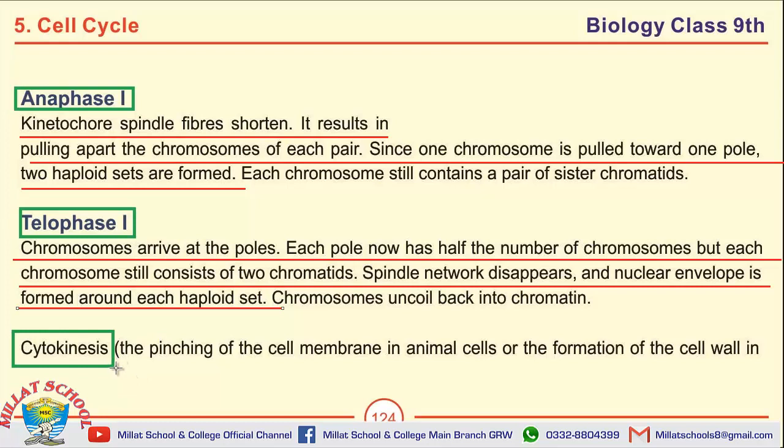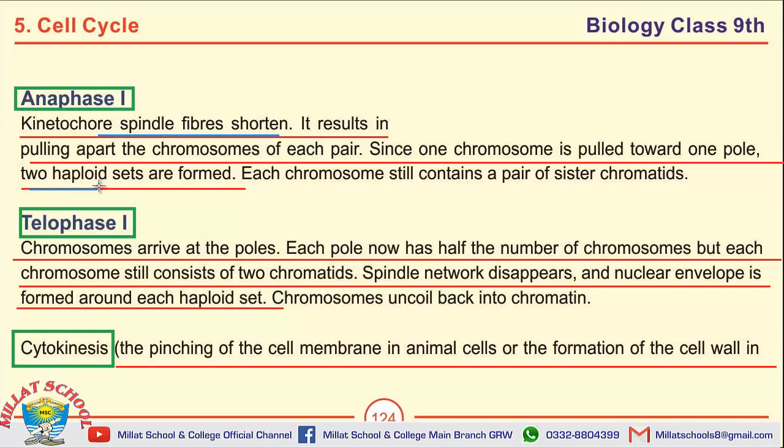Cytokinesis of meiosis 1. Animal cell has the same process of cytokinesis as was in mitosis, while plant cell also has the same. Some MCQs may be, during anaphase 1, kinetochore spindle fibers shorten.